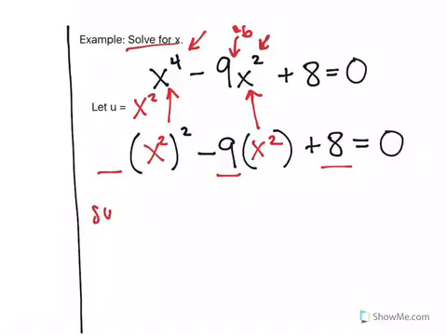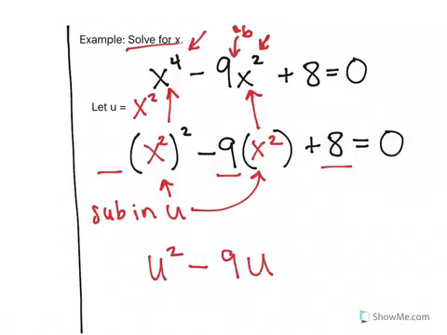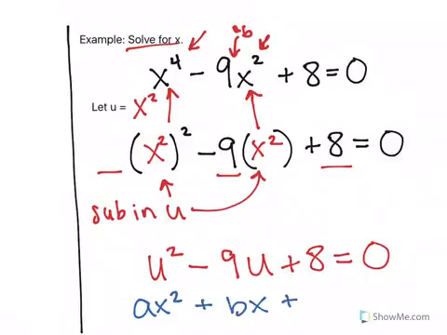Now we're going to substitute u in for every place that we see x squared. So I'm going to rewrite this as u squared minus 9u plus 8 equals 0. Hopefully you see now that this problem looks just like our quadratic equation, ax squared plus bx plus c equals 0.